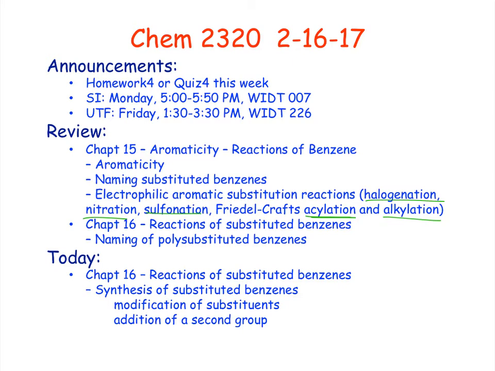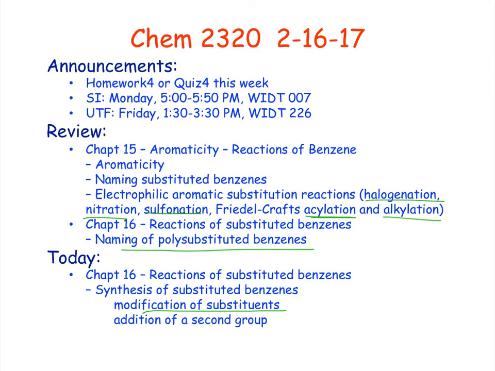So in chapter 16 so far, we did some naming, and then we started looking at some of these different substituents that we already know how to put on and how we might modify them. For example, we looked at halobenzenes, bromobenzene, chlorobenzene.